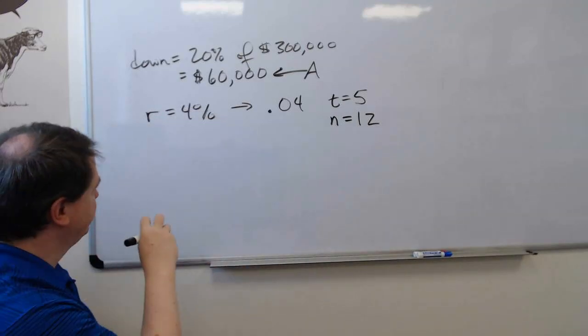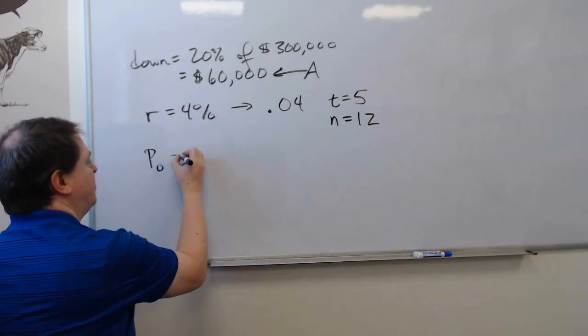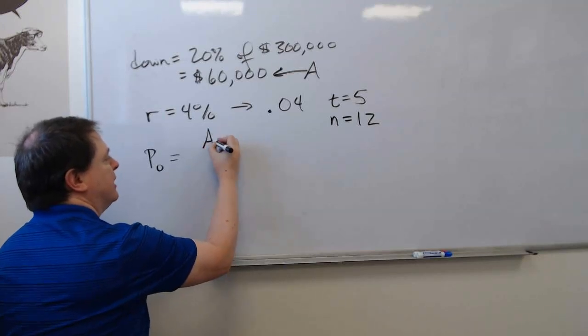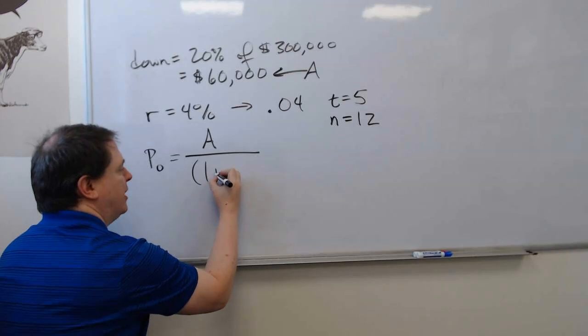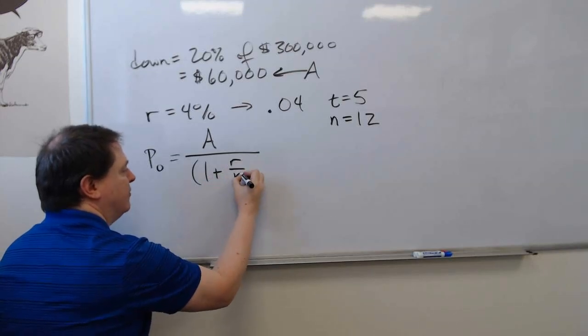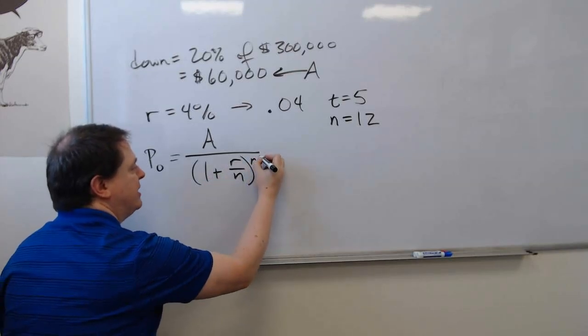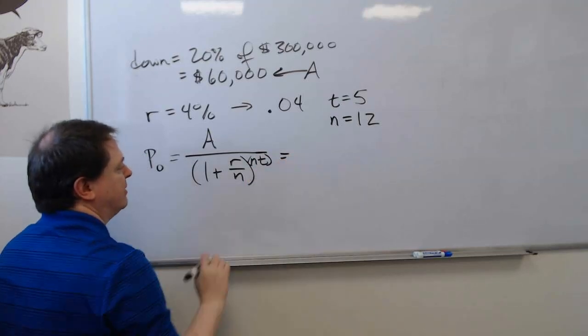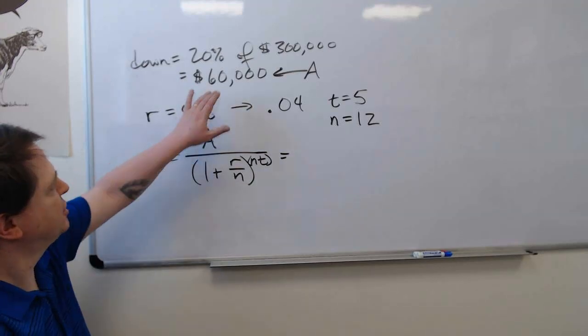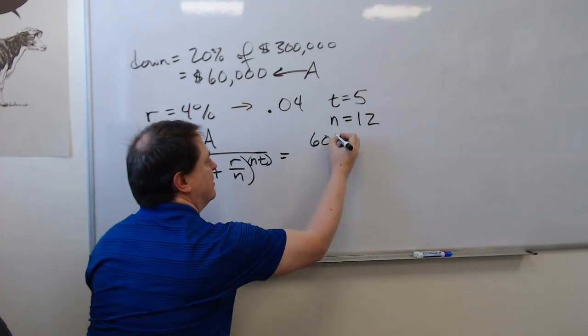Okay. So our principal is the future value divided by 1 plus r over n raised to the n times t power, and I'm just going to kind of put those implied parentheses right there. All right, so our A is 60,000.